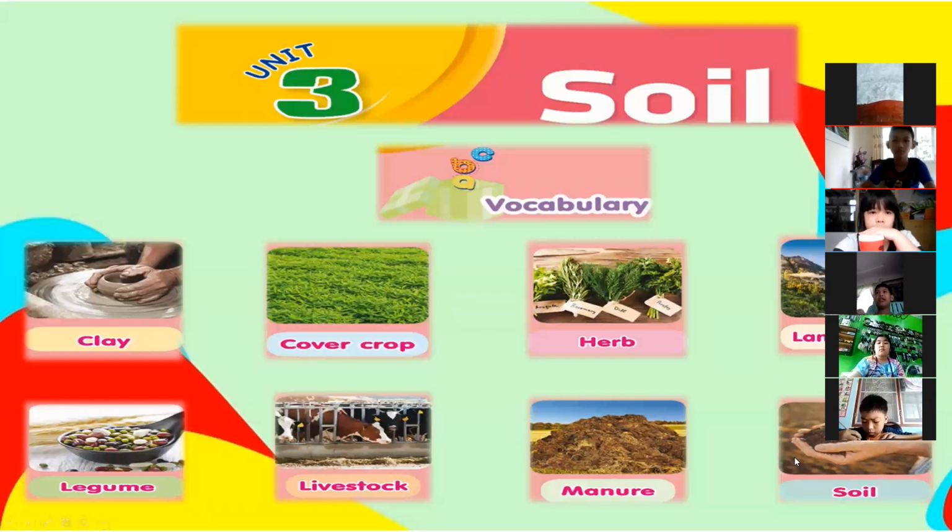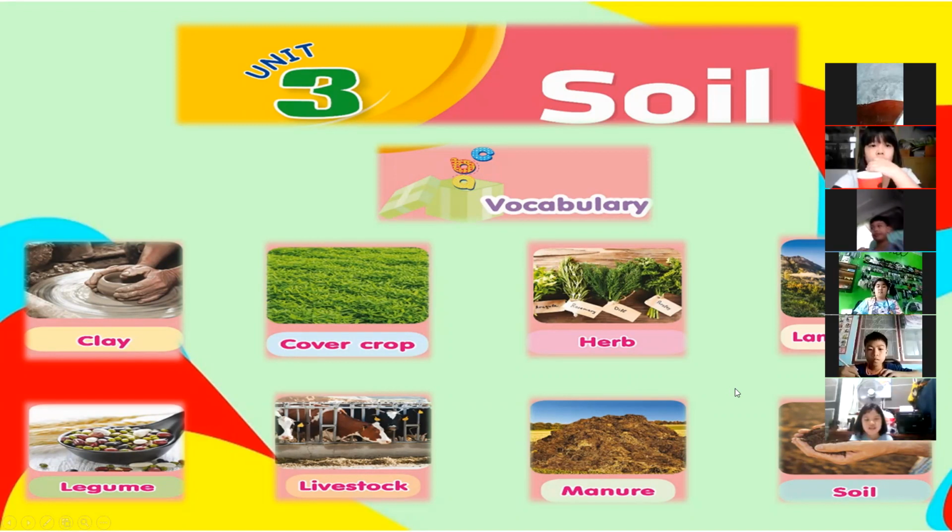That is soil. Soil is very important for growing any sort of food, whether in agriculture, planting trees, or planting other kinds of vegetables. So we need good quality soil. It can help our agriculture.